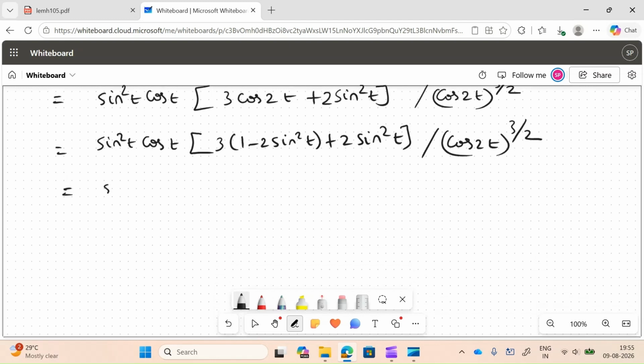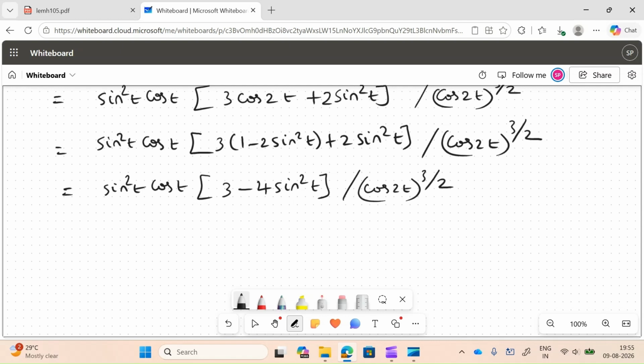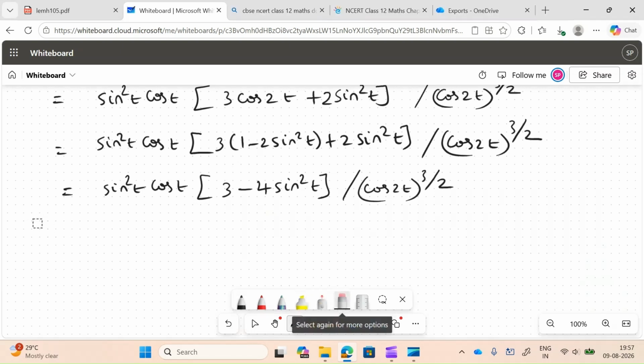This will be sine square t cos t times 3 minus 6 sine square t plus 2 sine square t, which will be 4 sine square t, divided by cos 2t power 3 by 2. Okay, so we'll leave it here till this.